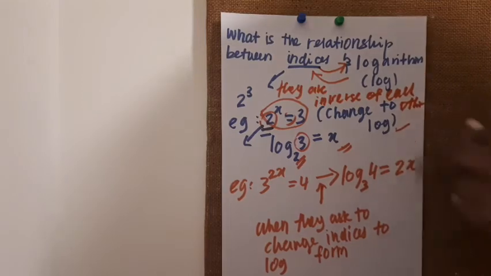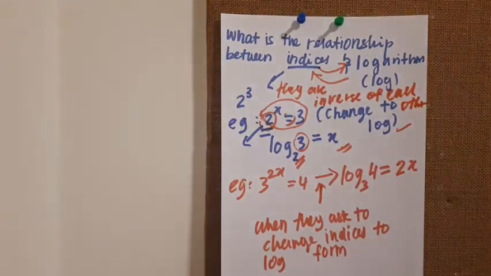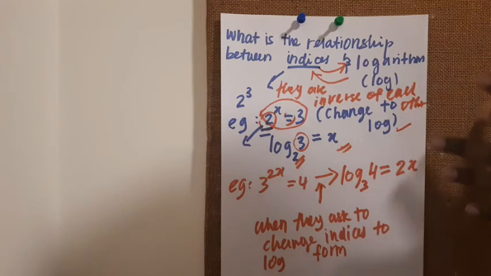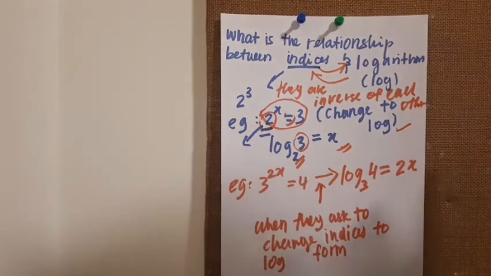Again, have a look at the previous video on the functions topic, which we studied in the first topic, if I'm not mistaken. We learned about a function f and its inverse, which is f to the minus 1. So indices and logarithm are functions which are inverses of each other.